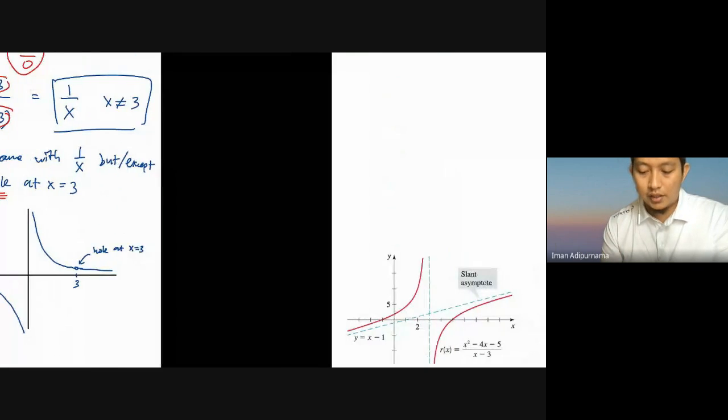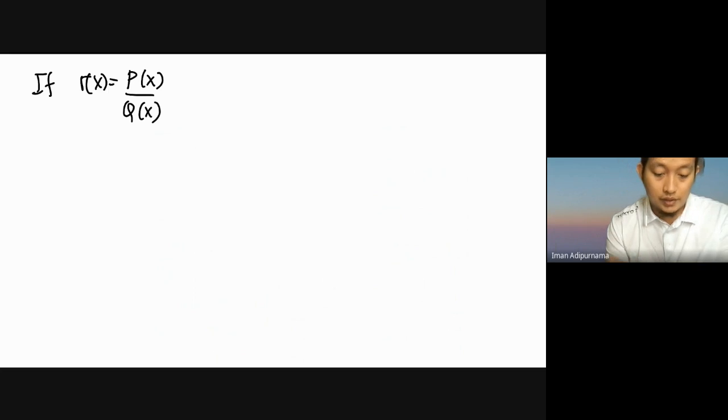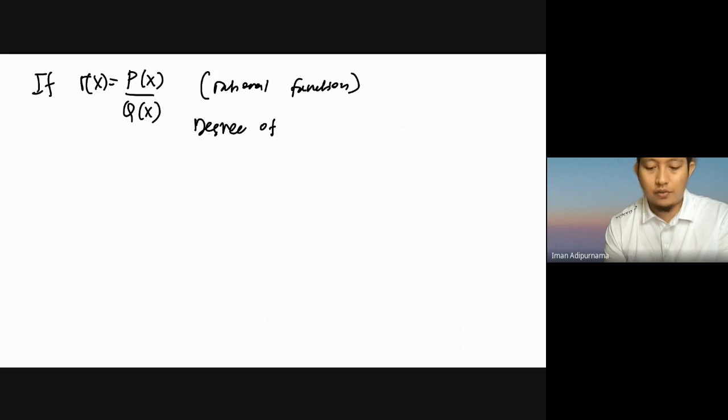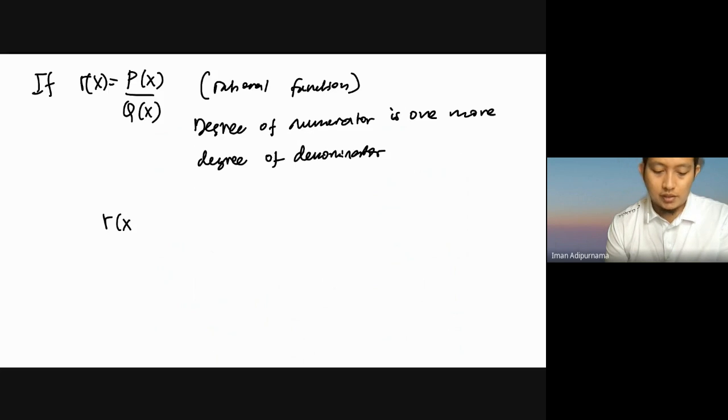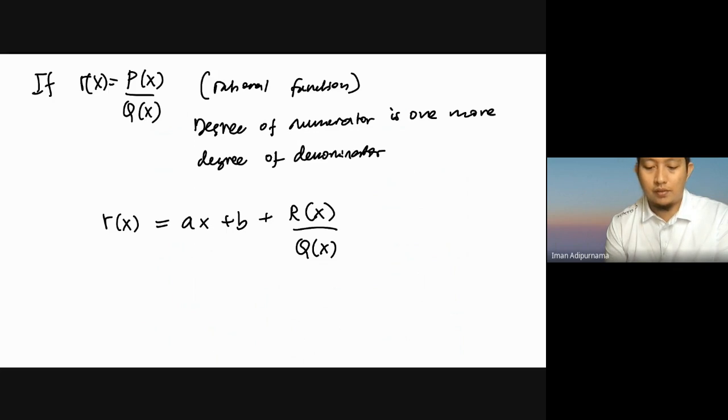Lastly, is the slant asymptote. If R(x) is P(x) over Q(x), a rational function, and the degree of the numerator P(x) is one more than the degree of the denominator, then we can express this as ax plus b, plus the remainder over the divisor.